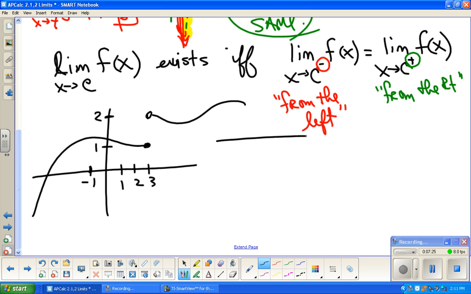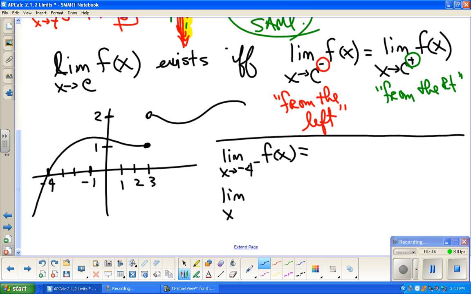All right, let's do -4. Let's do as x approaches -4 from the left, as x approaches -4 from the right, and then we're going to also do the limit as x approaches -4.